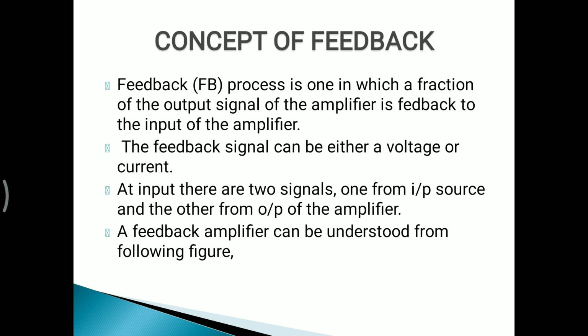So that's why at the input there are two signals: one is from the source itself as an input signal, and the other comes from the feedback network. A feedback amplifier can be understood from the figure clearly.